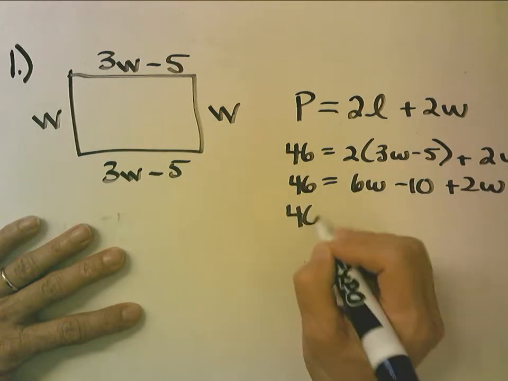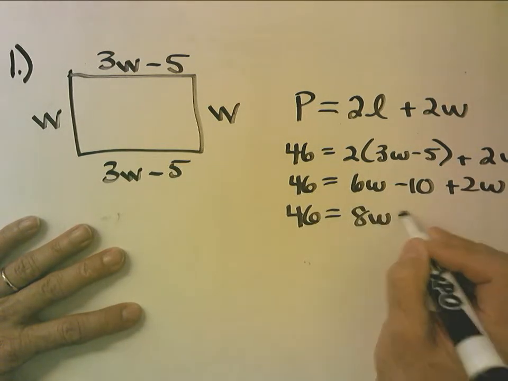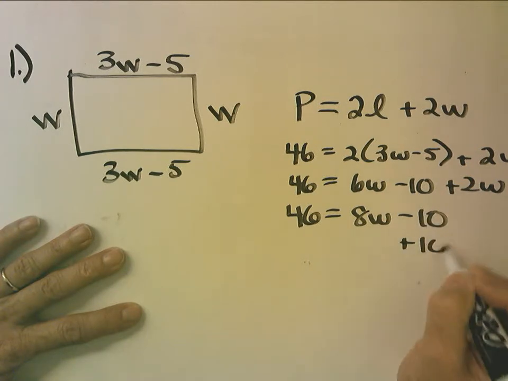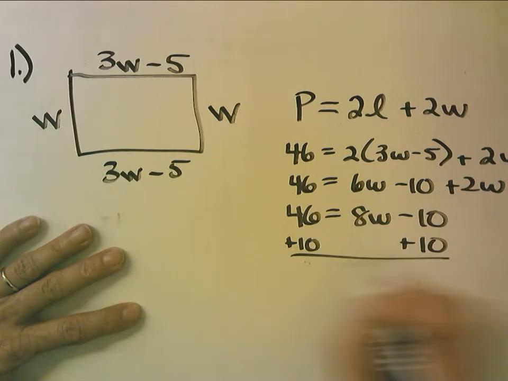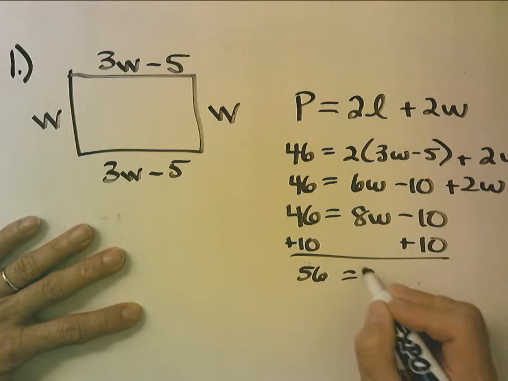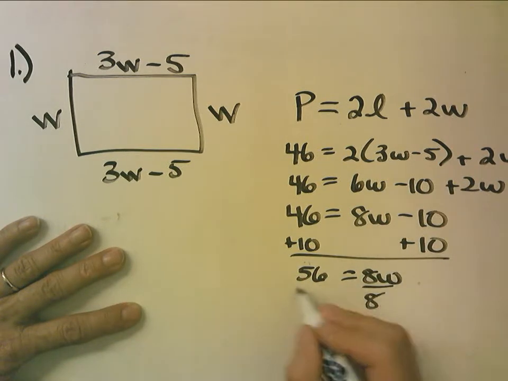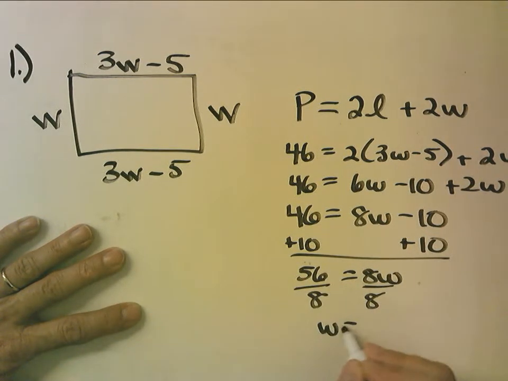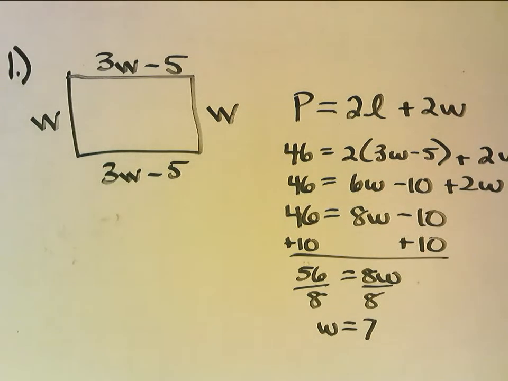So 46 equals 8W minus 10. Add 10: 56 equals 8W, divide by 8, W equals 7. That's one way I could do it.